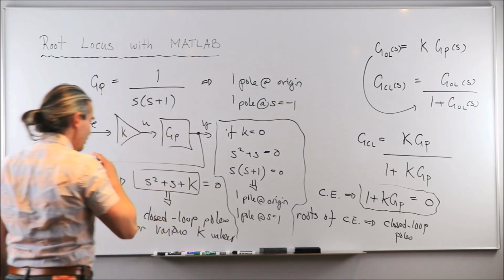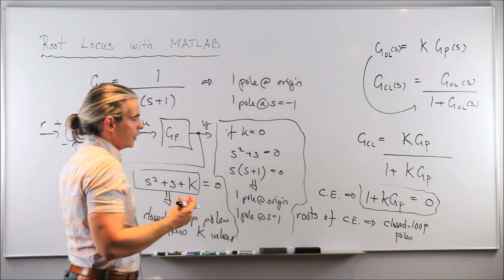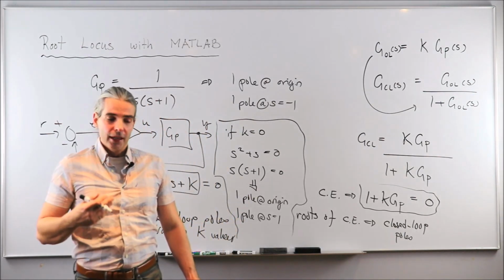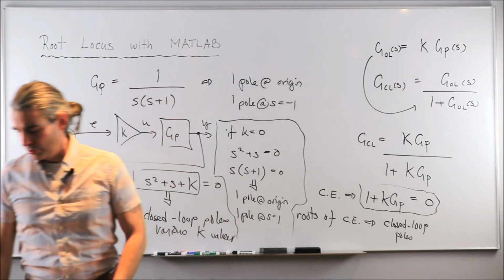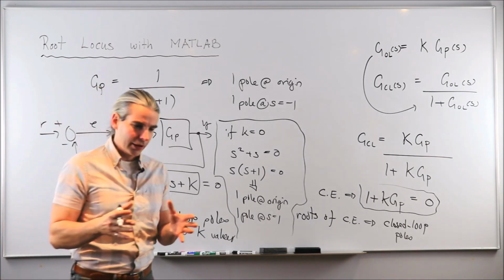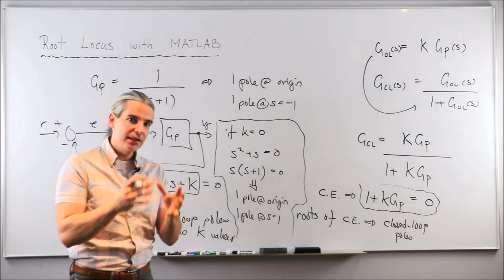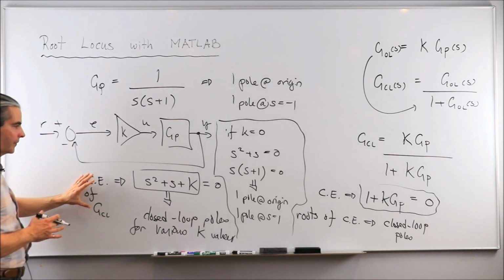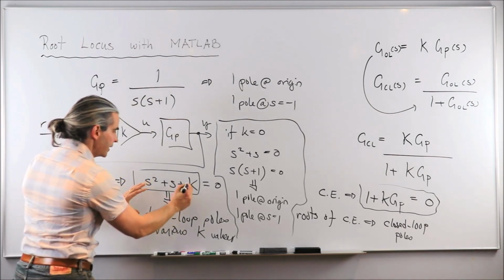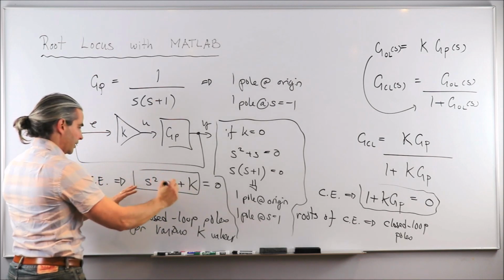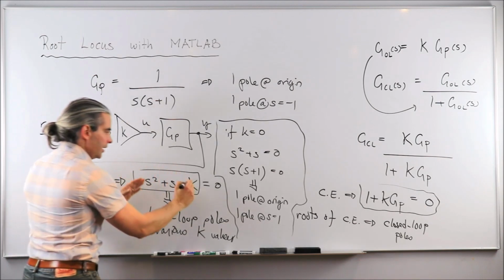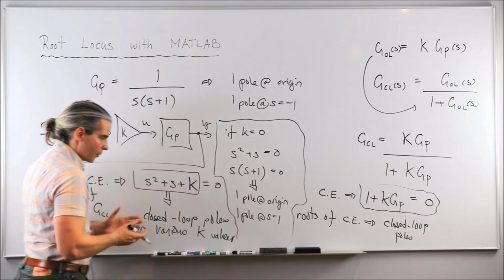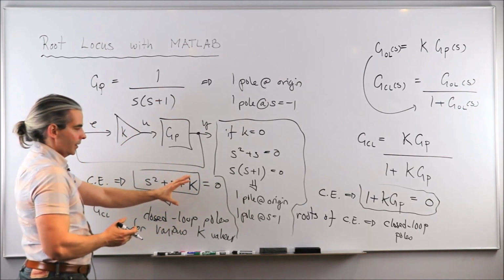All right? So an obvious solution to use MATLAB to obtain a root locus is simply to first obtain the characteristic equation of the closed loop transfer function and then vary the gain K for that characteristic equation, and for each K value, obtain the new roots of that equation.